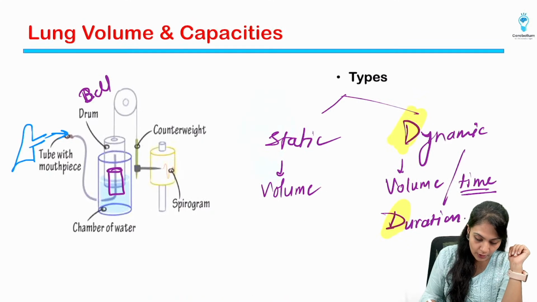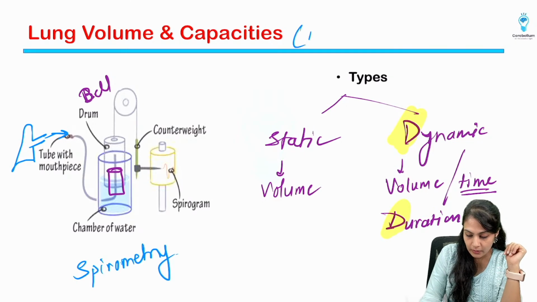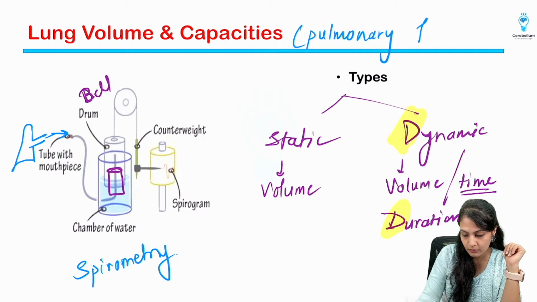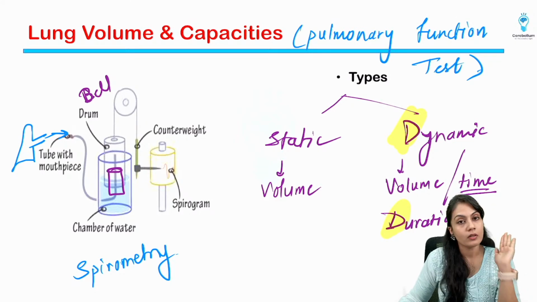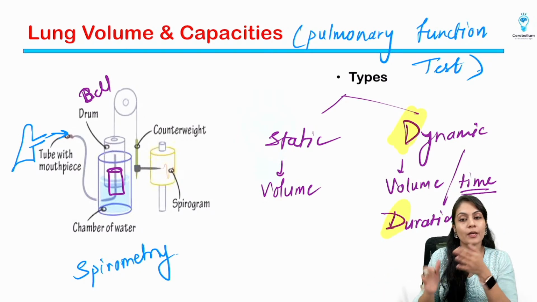So the instrument is known as spirometer and the procedure is known as spirometry, right? This is measured under the pulmonary function test. The question can be asked on the pulmonary function test. The instrument is called spirometer and the procedure is known as spirometry.